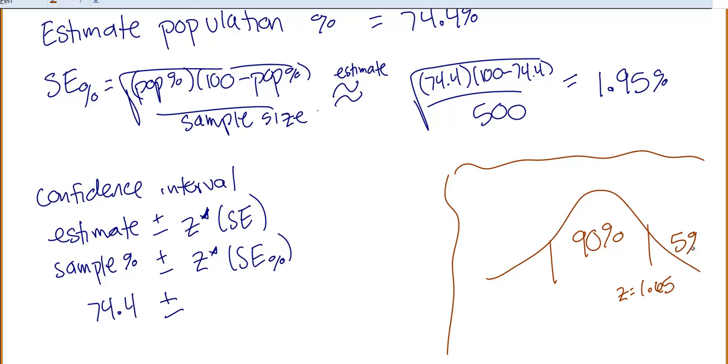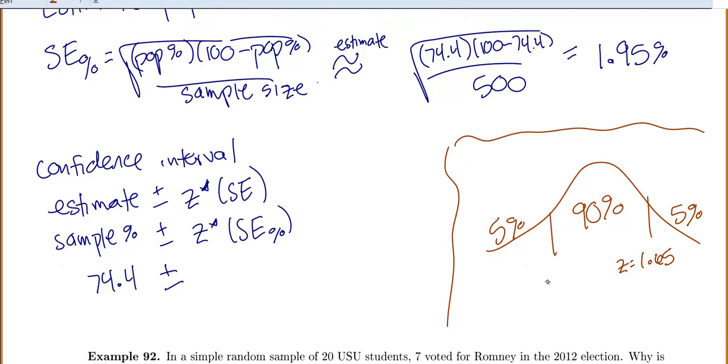And so did you figure that out quickly, or did you remember that? I memorized it. Memorized that? And that is just fine. Okay, because there are the 3 levels we use often, and you can memorize them if you want. If you didn't have it memorized, you say, okay, 90%, that's 10% left over, 5% for each tail. And then I'd go to the table and either look up 5% or look up 95%. But Z is 1.65.